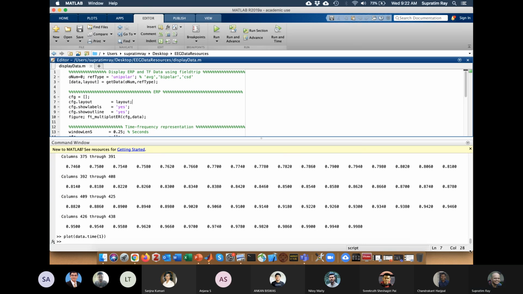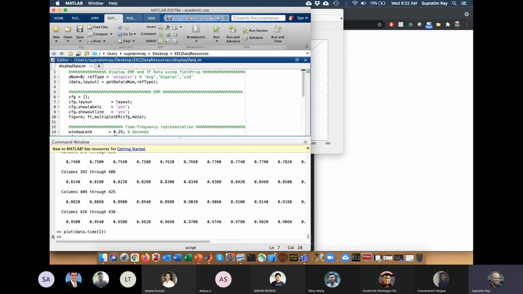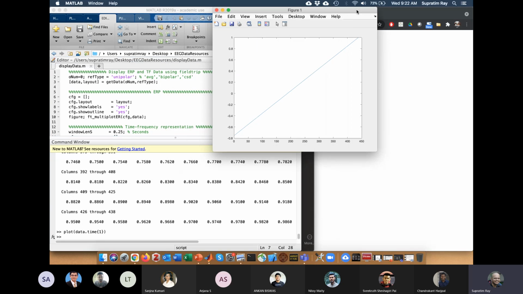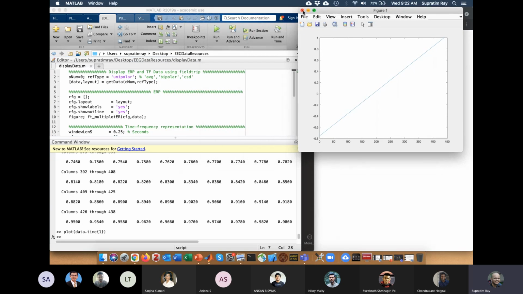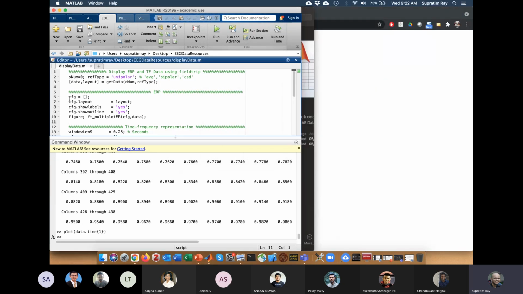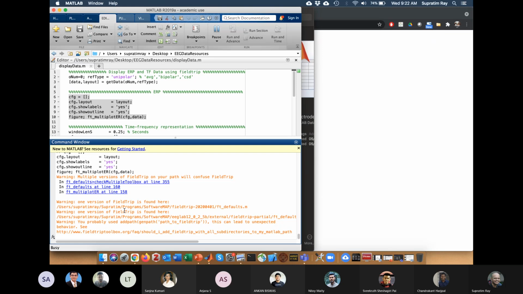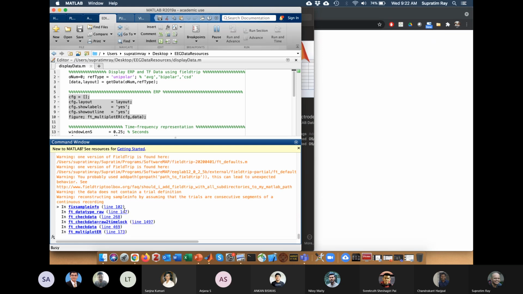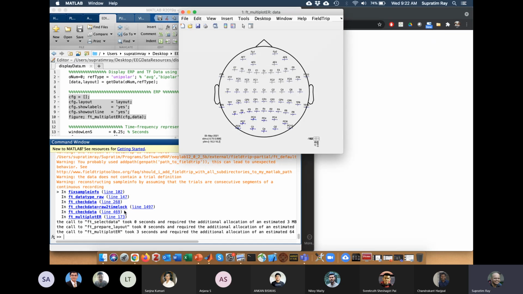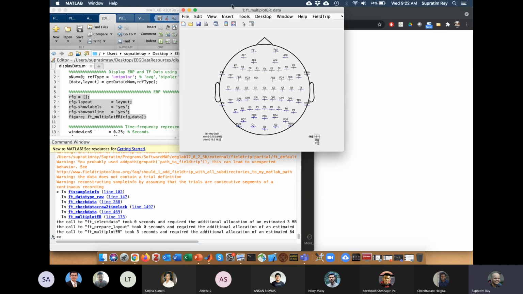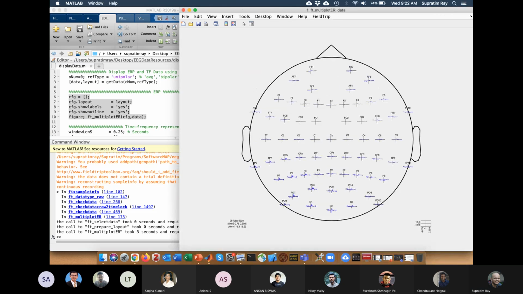Now, this is what multi-taper will do. Let me first plot the evoked response. When I run this, there. This is similar to what we had seen earlier. You can see that the evoked response is stronger here.